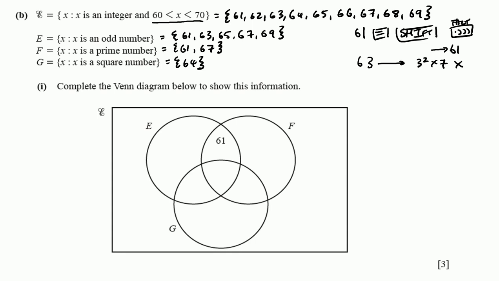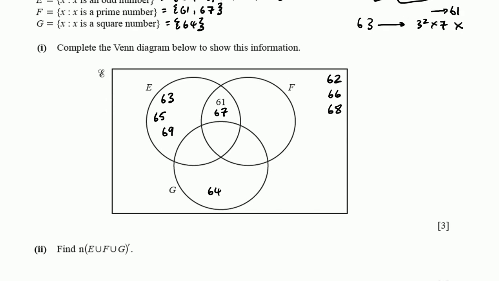And by the way, if you were confused about where 61 should go, you could actually interpret that from the Venn diagram. 62 does not appear in any of E, F, and G, so it lives out here. 63 appears only in E. 64 appears only in G. 65 appears only in E. 66 is in none of them. 67 is only in, oh no, it's in F and in E. So 67 is in E and F, but it's not in G. 68 is in none of them. 69 is only in E. And that's all of my numbers accounted for.